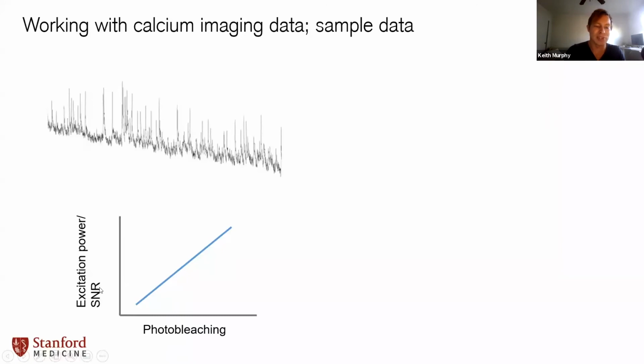And here I mentioned the trade-off is, do you want to use more excitation power to get more light signal back, better signal to noise ratio? You might, but remember that when you increase this SNR, you're also going to get more photobleaching. So your signal will decay in the amount of fluorophores you can measure with over time.